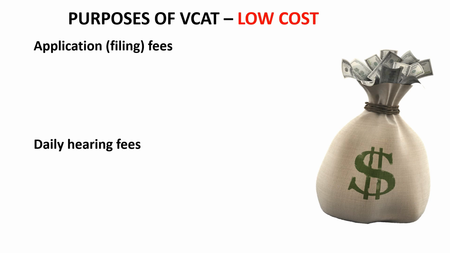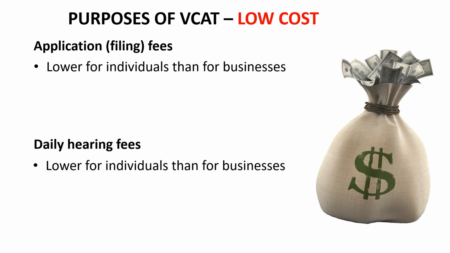As far as the type of party is concerned, VCAT charges different application and daily hearing fees depending on whether the party is a person who has a healthcare card, an individual who does not have a healthcare card, or a business. Healthcare card holders are charged the lowest application and daily hearing fees, that is, VCAT's concession fees.